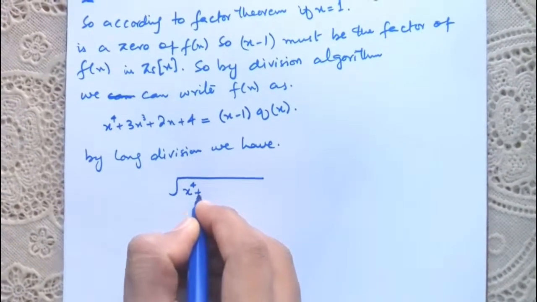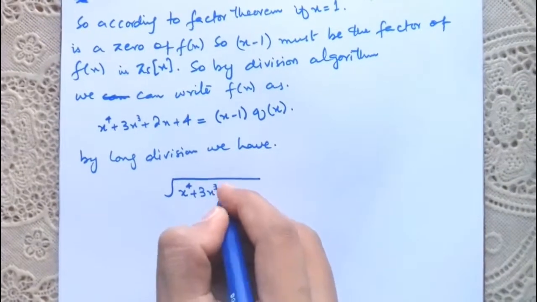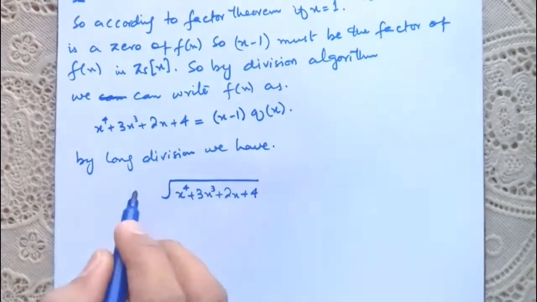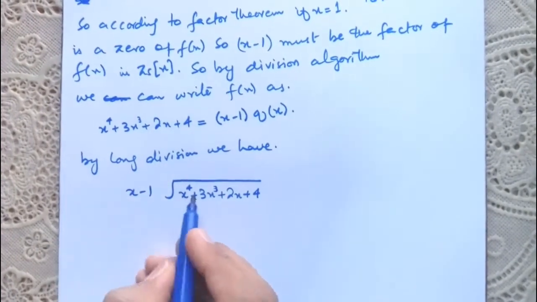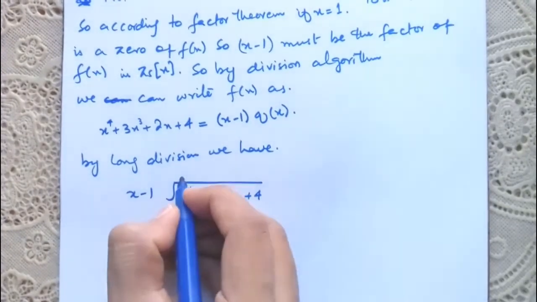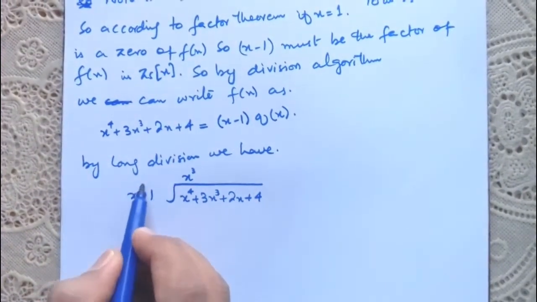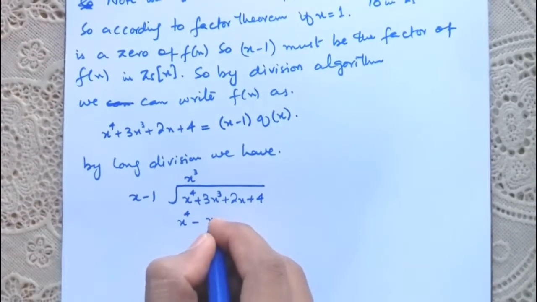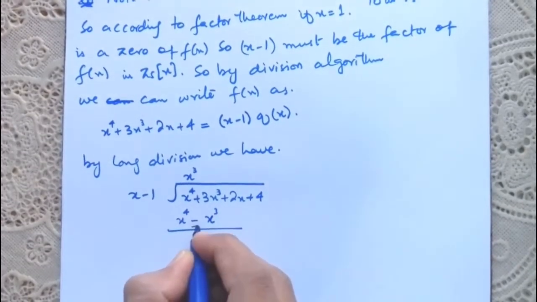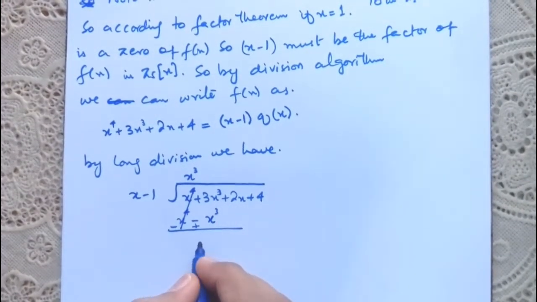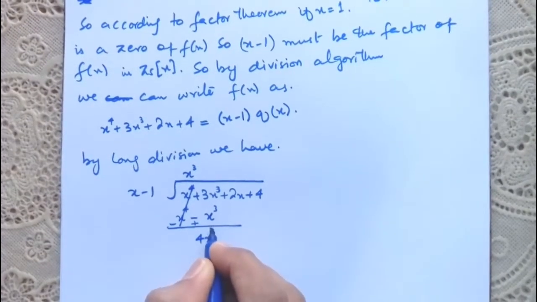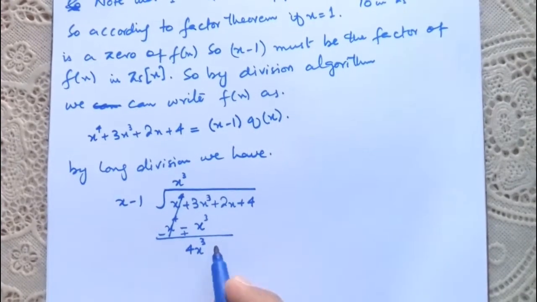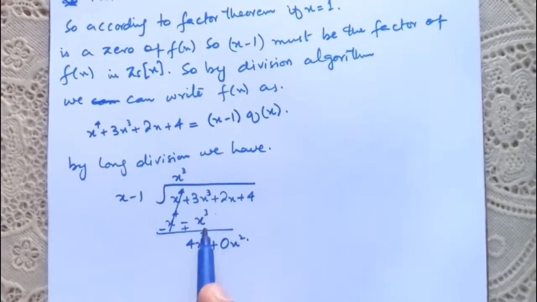We have x^4 + 3x^3 + 0x^2 + 2x + 4 divided by x - 1. So x^3 is multiplied by this factor, we get x^4 - x^3, and the difference is 4x^3. Now we write 0x^2 here.